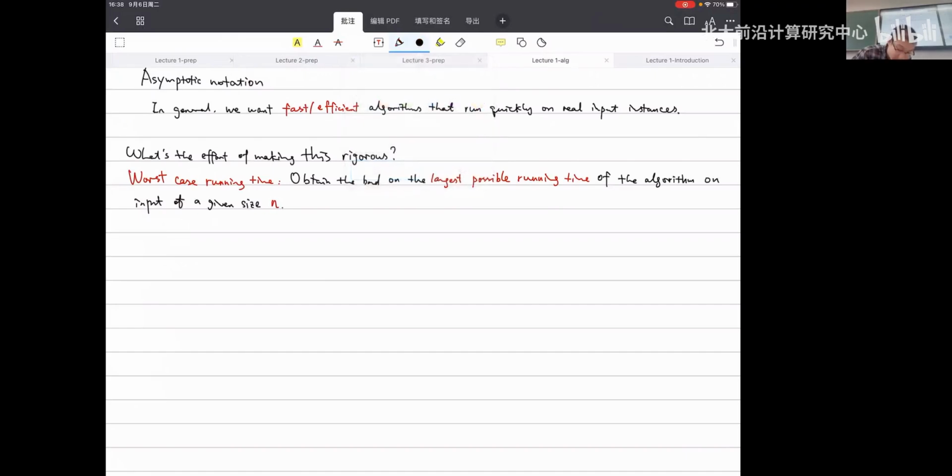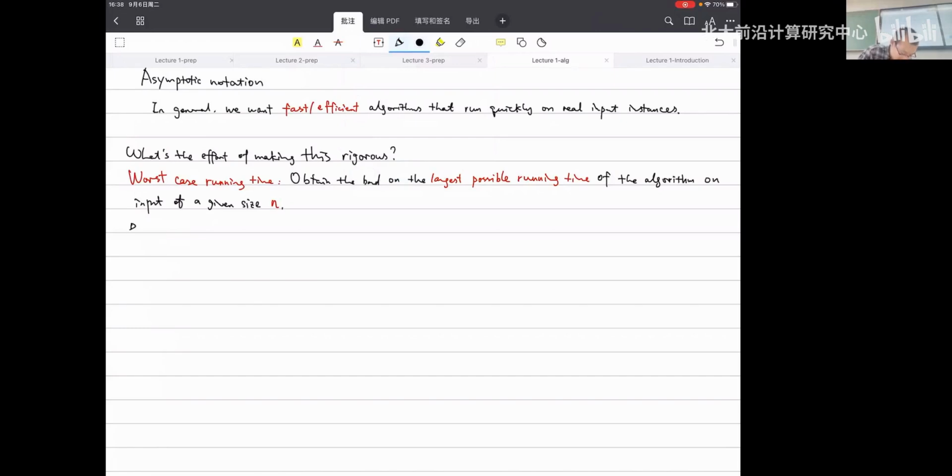This n can be different things for each problem, and the scale can be large or small, but we always have some way to characterize the size of the input. Maybe let's just call it n here. So this is something that we want to emphasize, that we talk about the worst case running time.